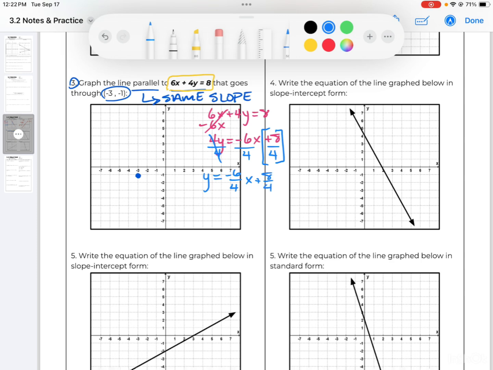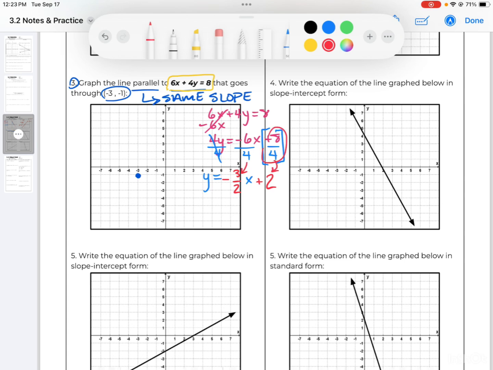And I can actually reduce both of those fractions. The -6 over 4 can reduce to -3 over 2. And the positive 8 over 4 can be written as positive 2.